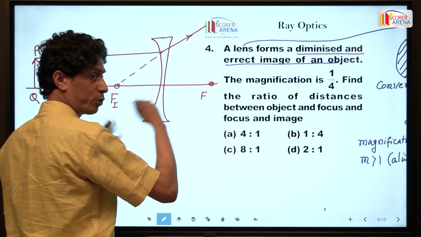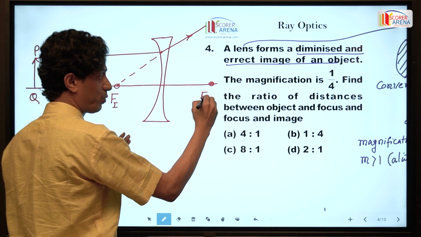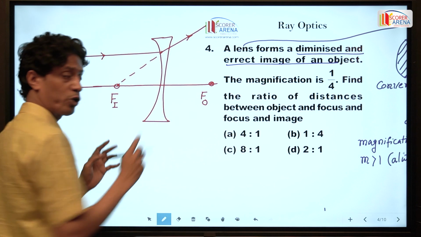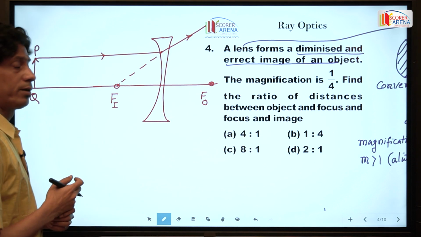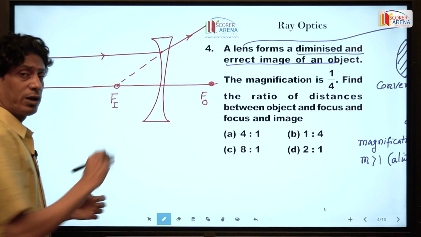Since the lens has two foci, one on each side, the other focus stands for object. O is for object, I for image.